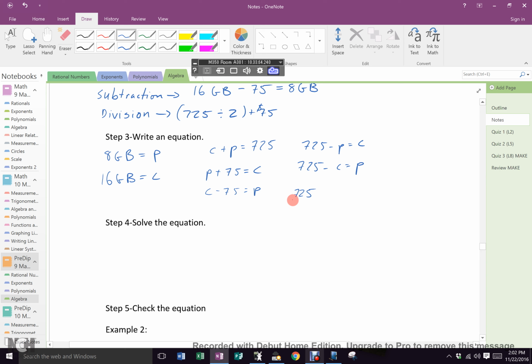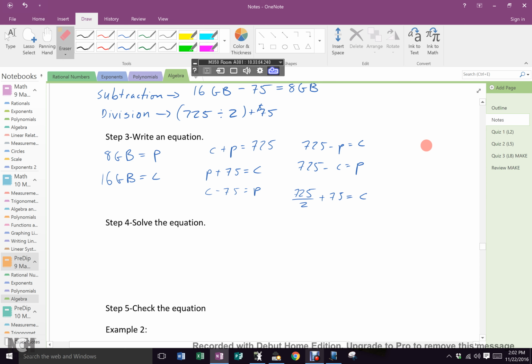725 divided by 2 plus 75 equals, that's the more expensive one, so that equals C. And what else do we know? Divided by 2 minus 75 equals P. Does it? No, it doesn't.